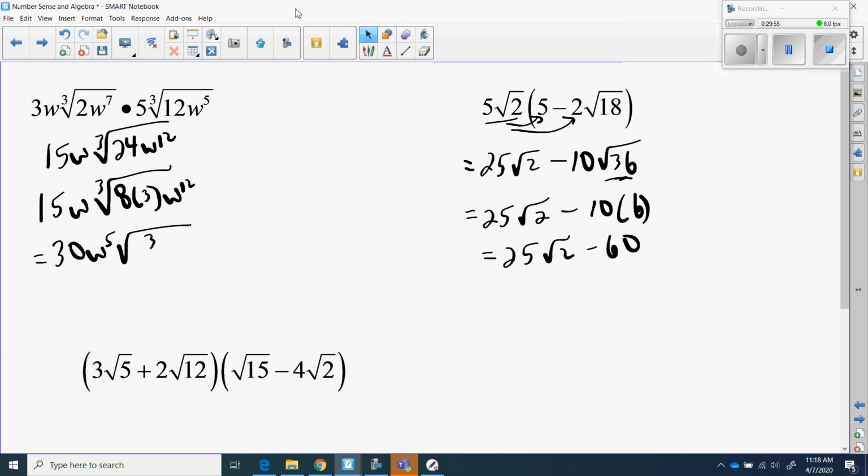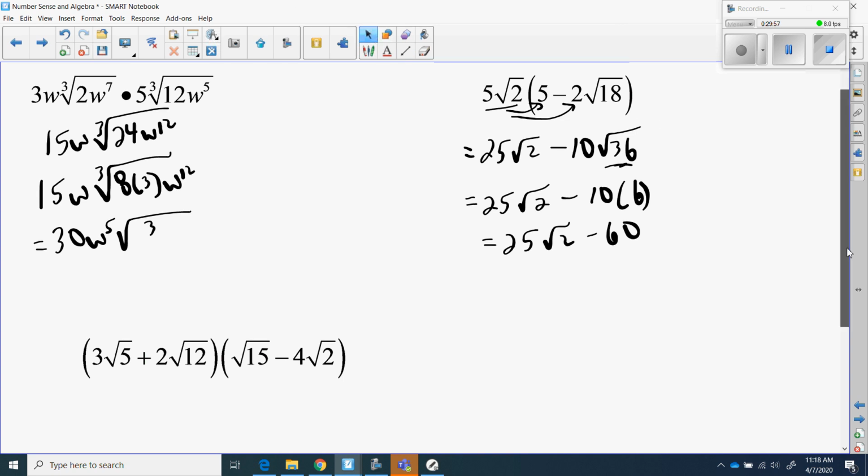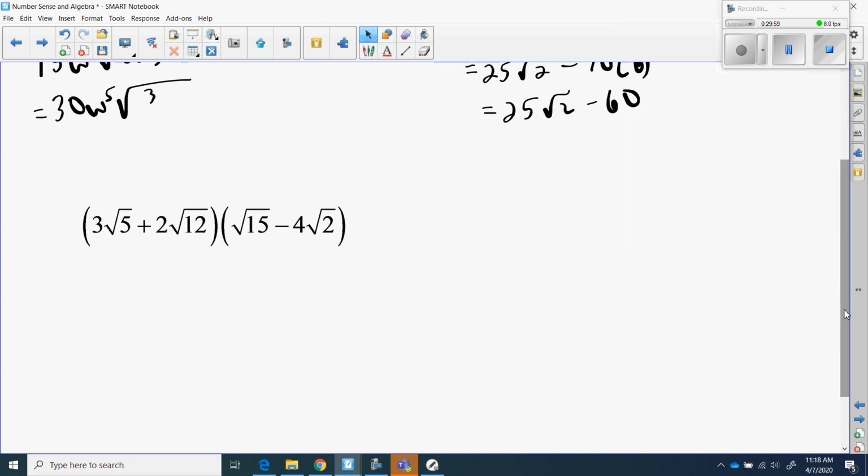All right, we got one more on here to look at. So this is it, as you'll remember, our kind of our introduction to this multiplication. It's important that you realize I've got a binomial multiplied by a binomial. That means this term is going to have to multiply by this one, and then this term is going to have to multiply by this one and this one.